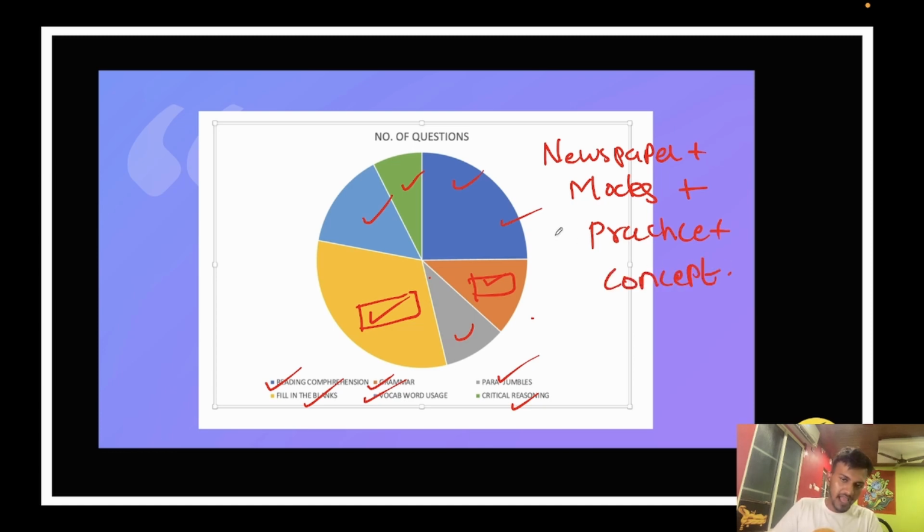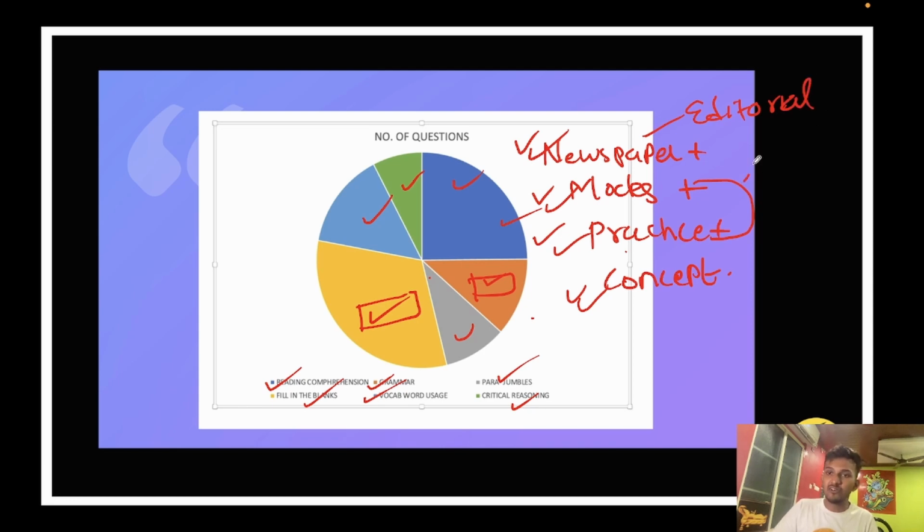You have to focus on practice, on mocks, on newspapers, and on concepts. All 4 are equally important. So if your formula has all of these elements, and you devote enough time to verbal ability, even if your verbal is strong, do a lot of practice, do a lot of mocks, and try to read editorials at least. Minimum you have to read editorials at least.